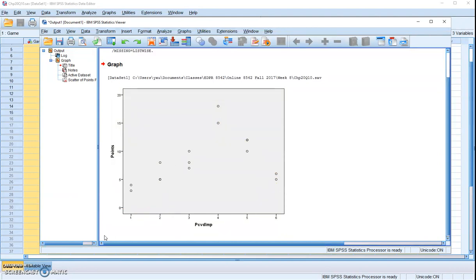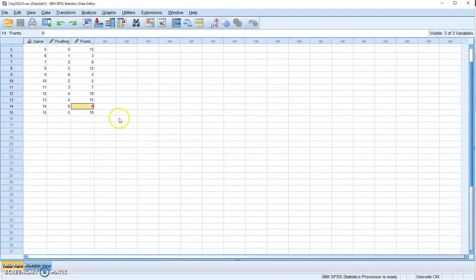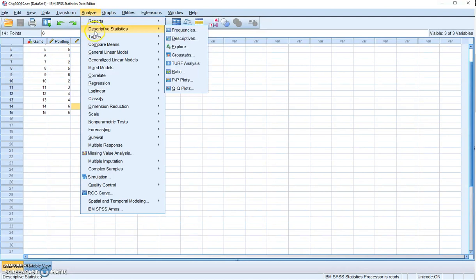So Pearson R or Spearman rho is not the right measure when you have a curvilinear relationship between the two variables. In order to get a good measure of this curvilinear relationship, we go here: Analyze, Descriptive Statistics, and Crosstabs.